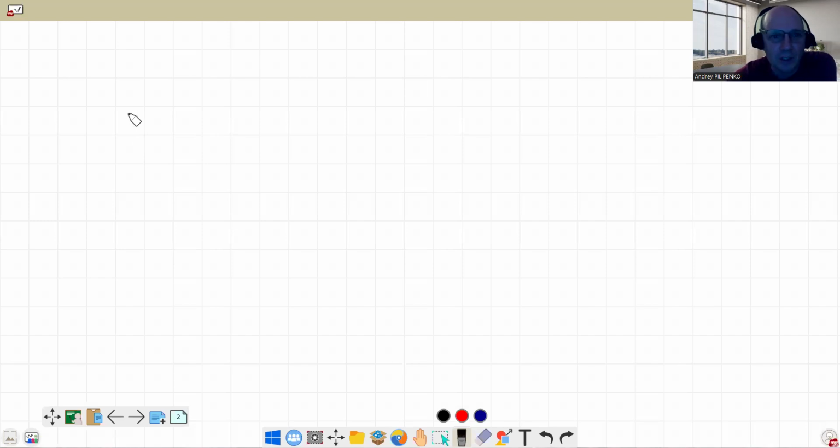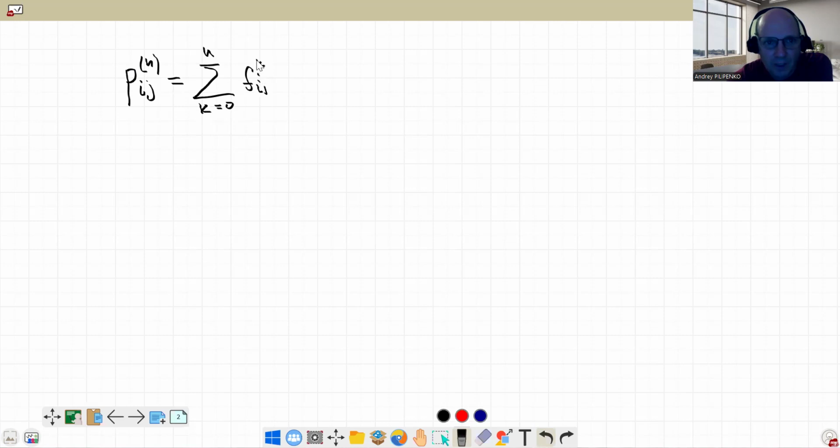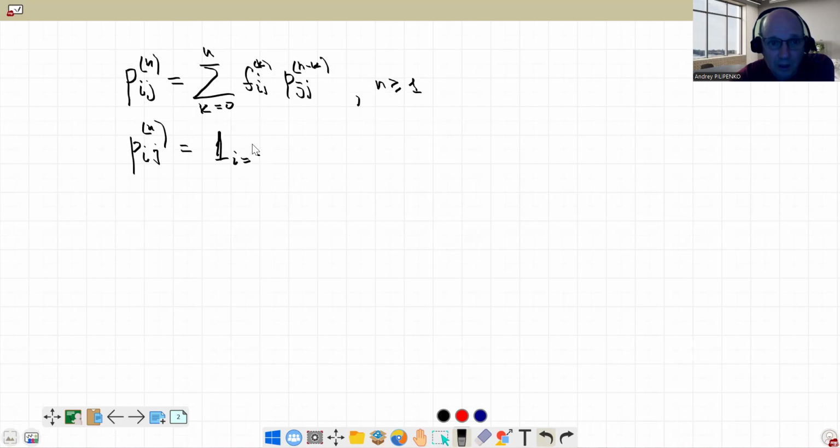Okay, let's continue, and I would like to rewrite our important formula. Pij^n is equal to the sum of Fij^k times Pjj^(n minus k) if n is greater than or equal to 1, and Pij^0 is equal to the indicator that i is j.